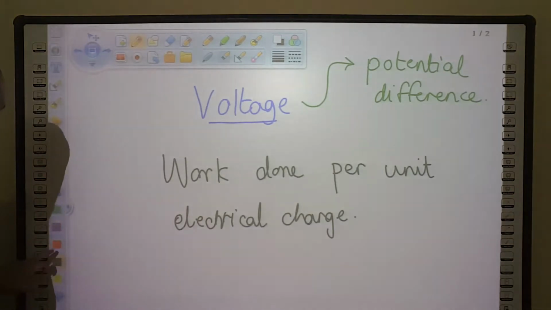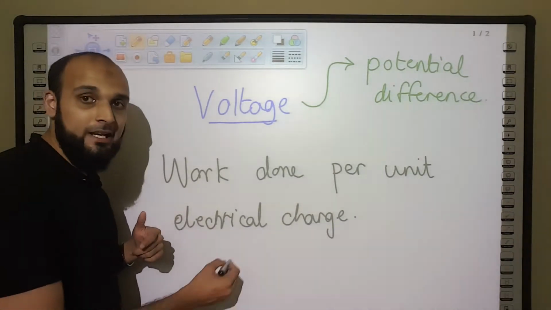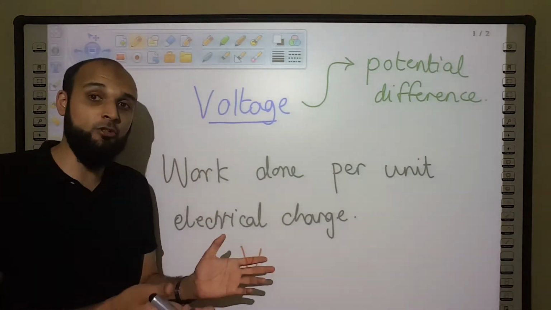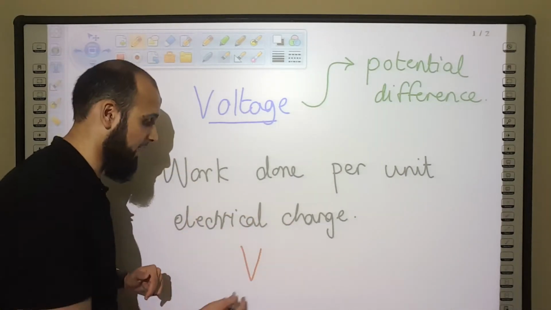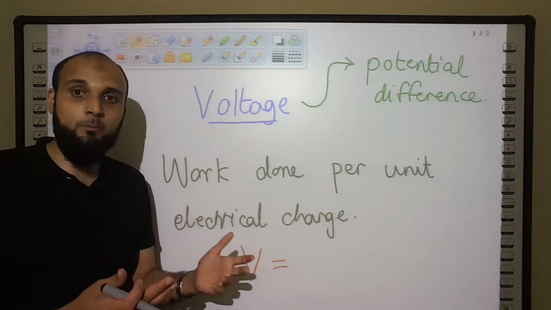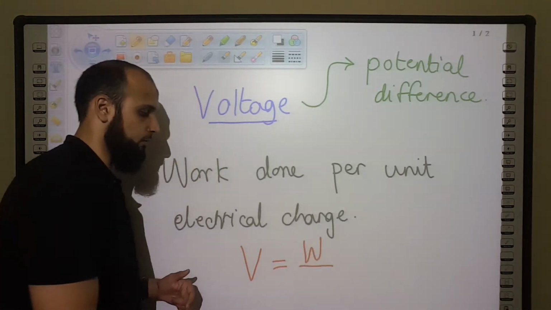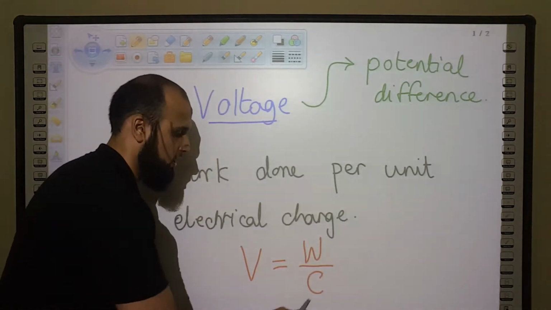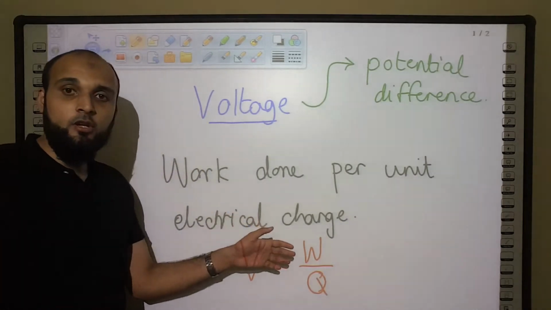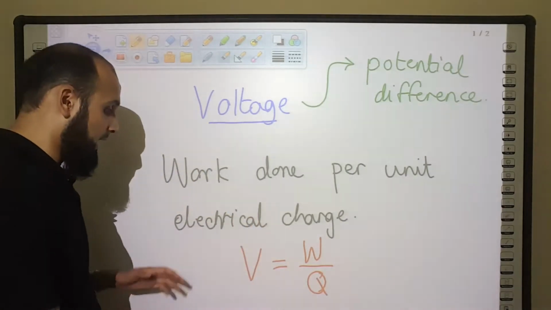So mathematically, voltage can be calculated as voltage or potential difference if it's in the case of a specific component. So voltage is equal to the work done in joules, of course, per unit charge. Right, and the unit charge is of course in coulombs.